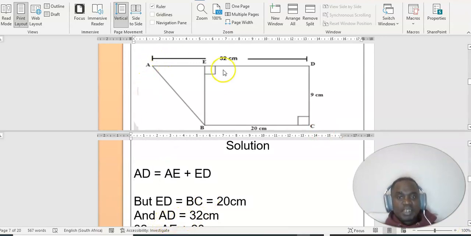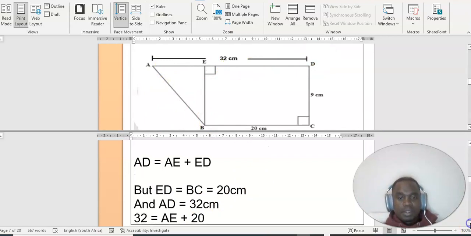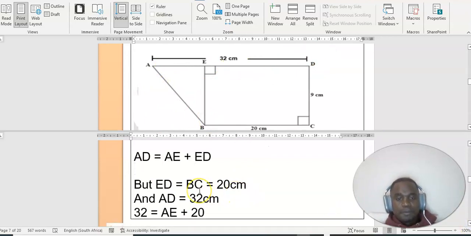So it means we know AD, which is given as 32. From here to here is 32. So our equation, AD is 32, should be equal to AE plus ED. But we know ED to be 20 centimeters.